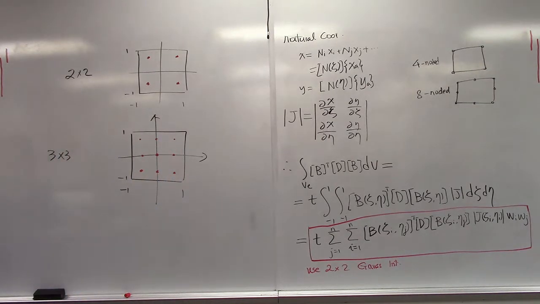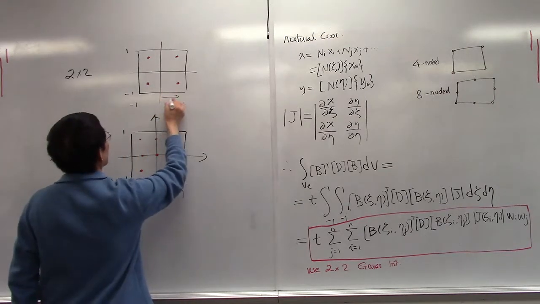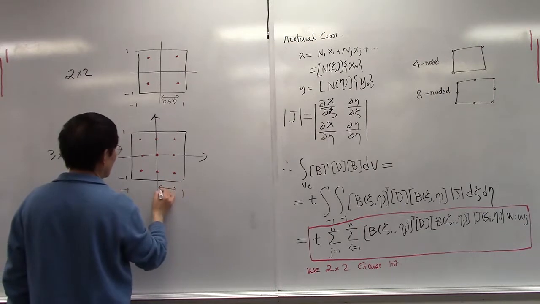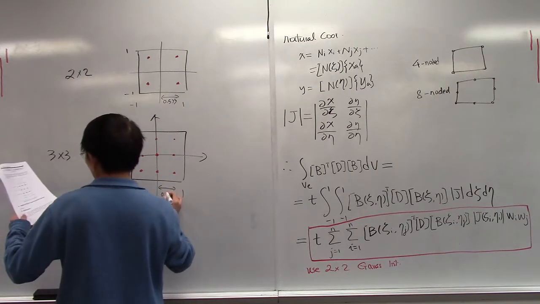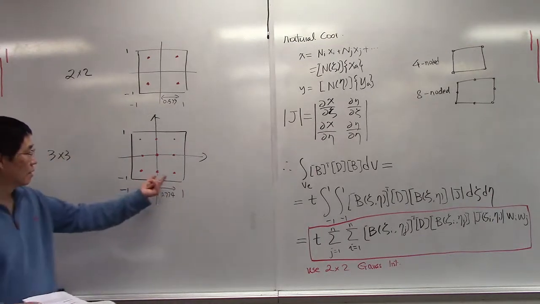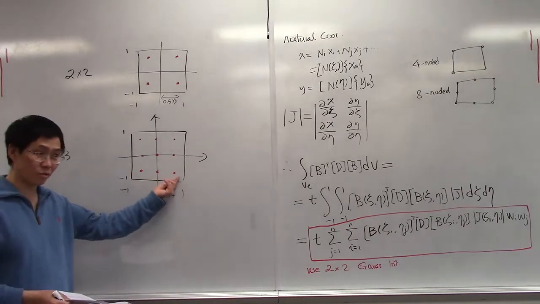That's how a 3 by 3 Gaussian integration looks like. According to the table, this is 0.577 something, and this is 0.774 something. Okay, so the point is even biased more towards the edge.